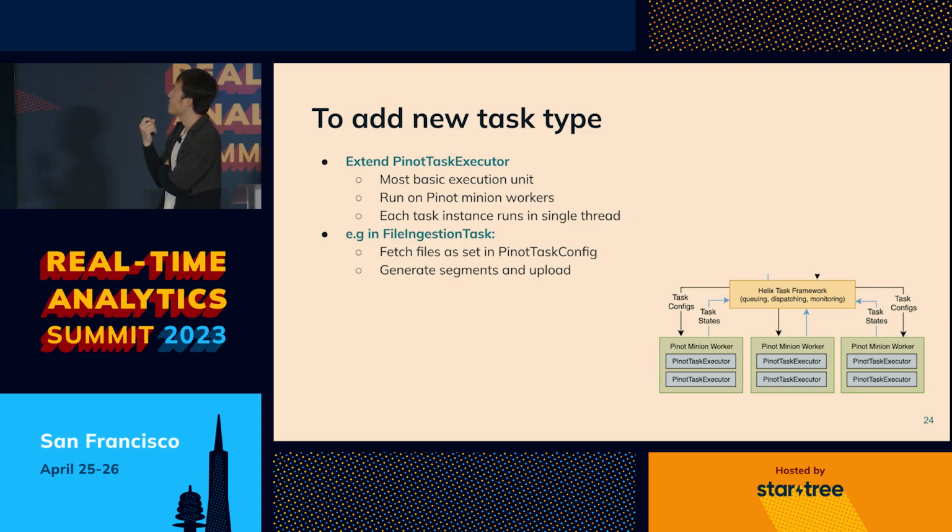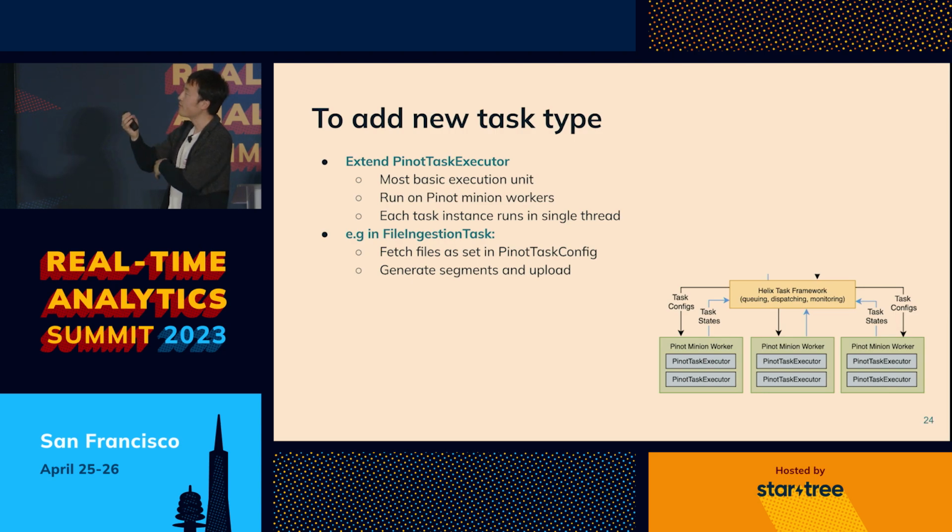As an example, in the file ingestion task, the task executor is where it downloads the input files and processes them. It can do a transformation, like a merge rollup, generate the segments based on the provided size requirement, and then upload those segments to the Pinot tables.